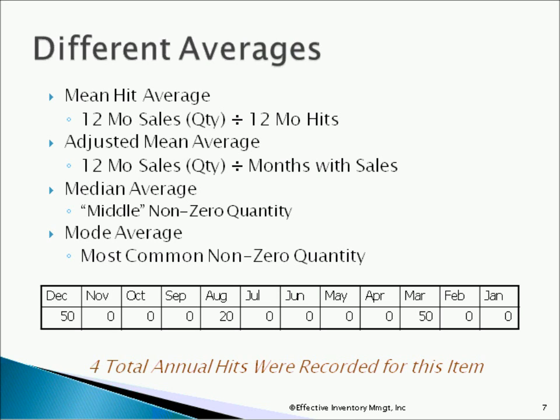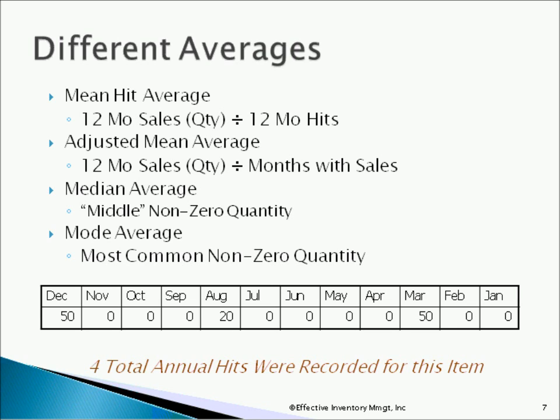Well, there are other averages. The mean hit average would be the quantity you sold or used over the past 12 months divided by the number of hits in the past 12 months. Now, you might ask, what is a hit? A hit is a request for an item.